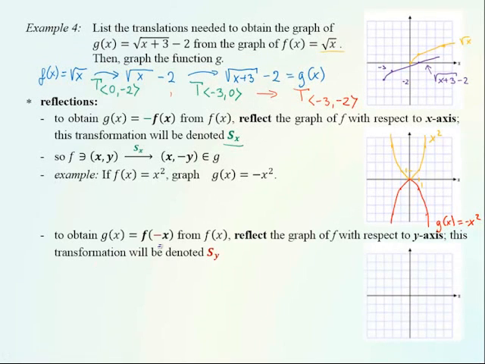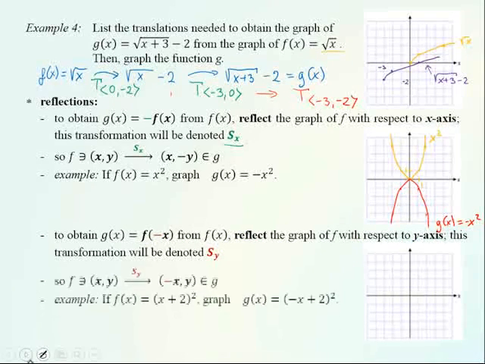Next we'll look at reflection in the y-axis, caused by using minus not in front of the function but exactly by the x. So to get a new function g of x from f of x, we reflect the graph in the y-axis.